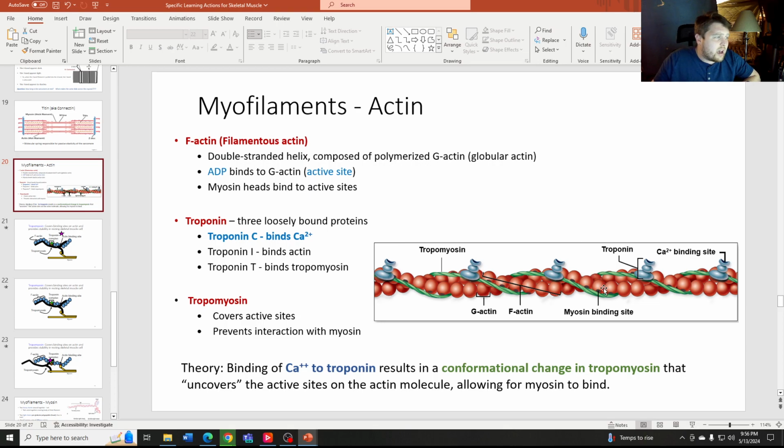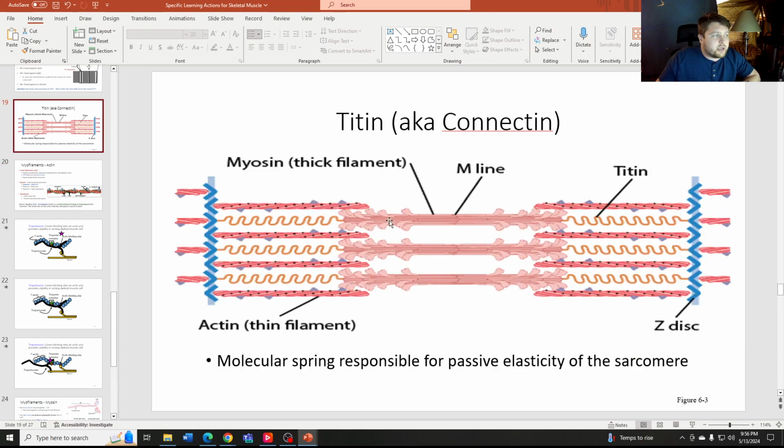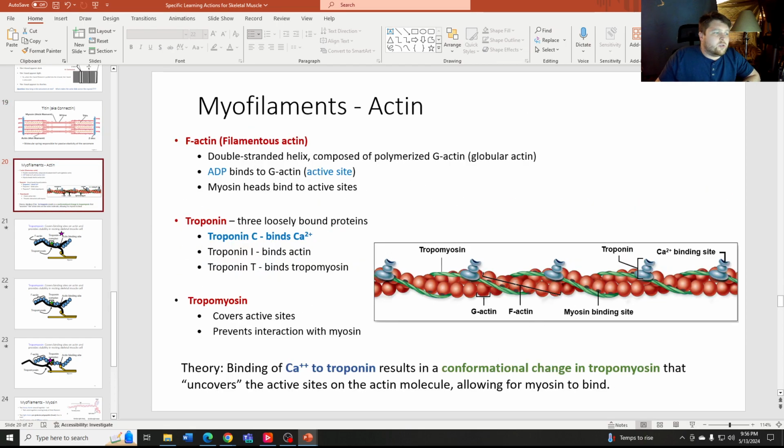Then we also have a protein called tropomyosin. Tropomyosin wraps around the actin filament and blocks these spaces that are called myosin binding sites. This is where the myosin is going to bind later on when we look at how the contraction component actually occurs.